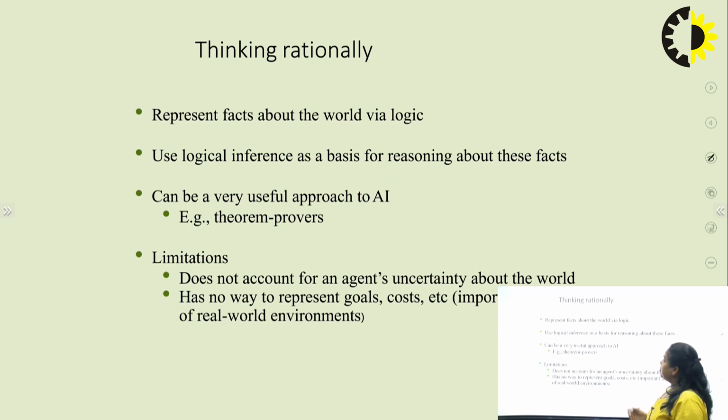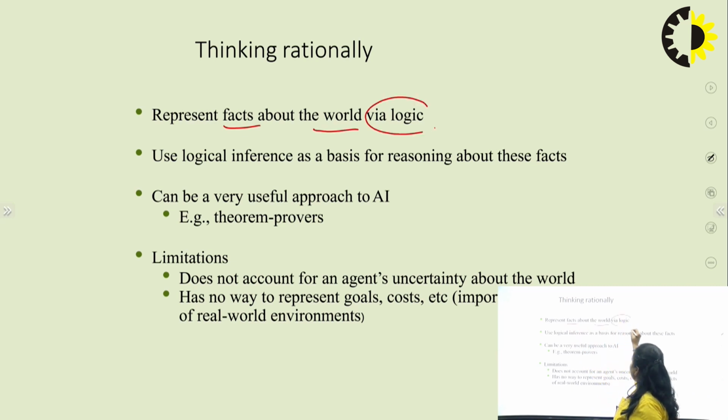Now, if I'm talking about thinking rationally, basically we have to represent facts about the world logically. Whatever facts we are giving the system, we have to give the logic behind it, using logical inferences as the basis for reasoning about these facts. I can give you a very short example.